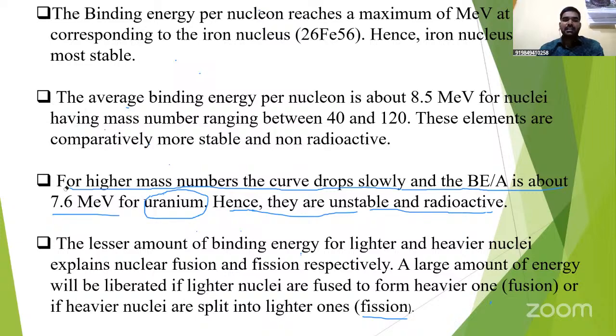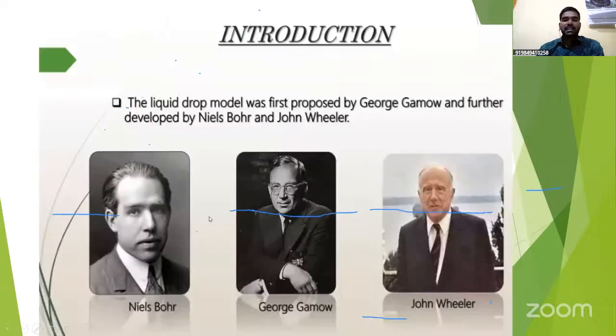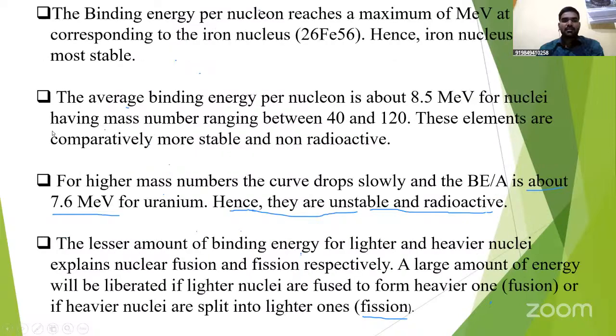The iron nucleus is more stable, and from mass number 40 to 120 the average binding energy is 8.5. Again, if you go for uranium, which has a higher mass number, it is 7.6 mega electron volts.